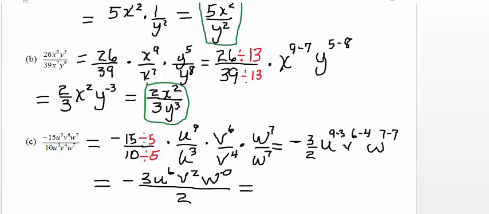And remember that w to the 0 is equal to 1. So we'll use that fact. We don't want to have 0 exponents in our final answer. So negative 3u to the 6 v squared over 2 is my final answer.